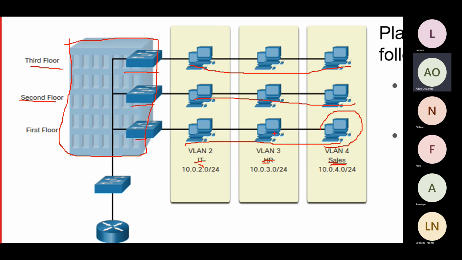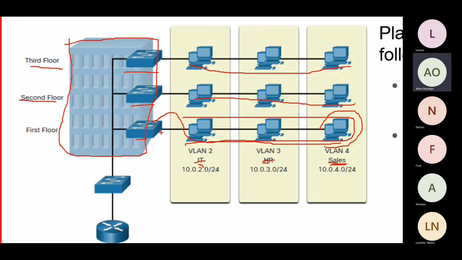The problem is, when a computer in the IT department sends a message to the switch, even though all the 6 PCs are connected to the switch on the 1st floor, something funny is going to happen this time around.